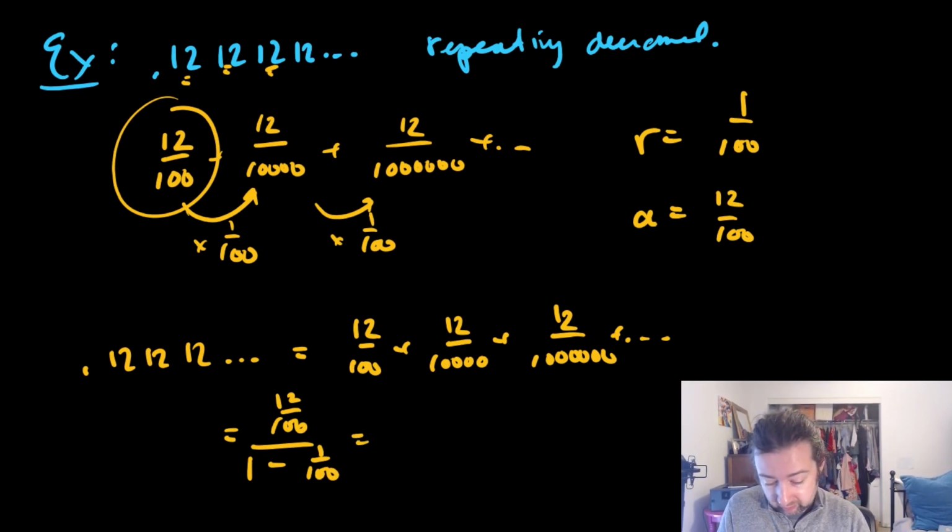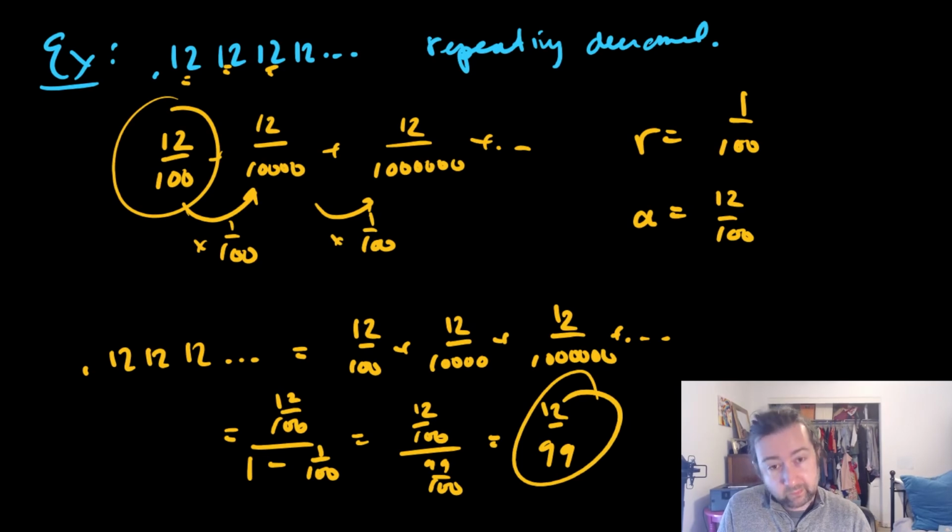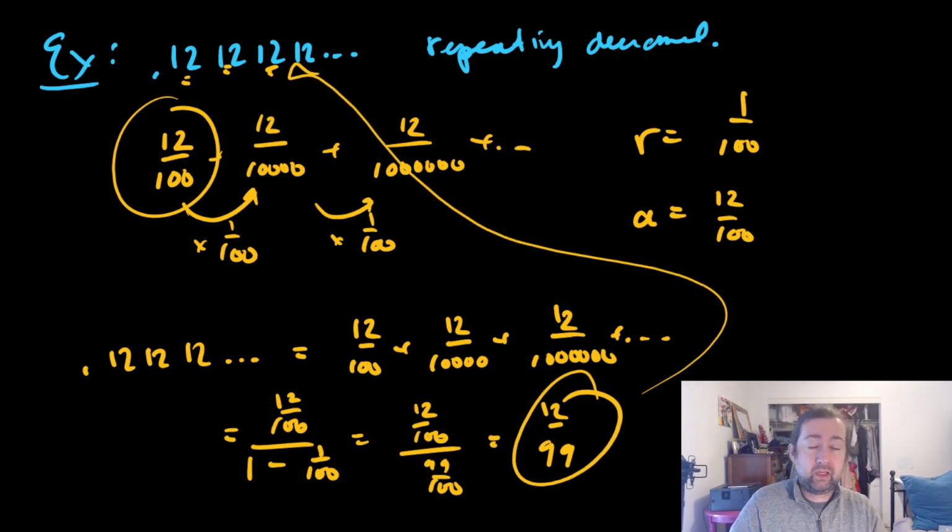If you do some algebra on this, what you're going to find is you get 12/100 over 99/100, and so we get 12 over 99. So 12 over 99 is the fraction that produces this particular rational number. This is a standard sort of exercise that comes along with geometric series. Okay.